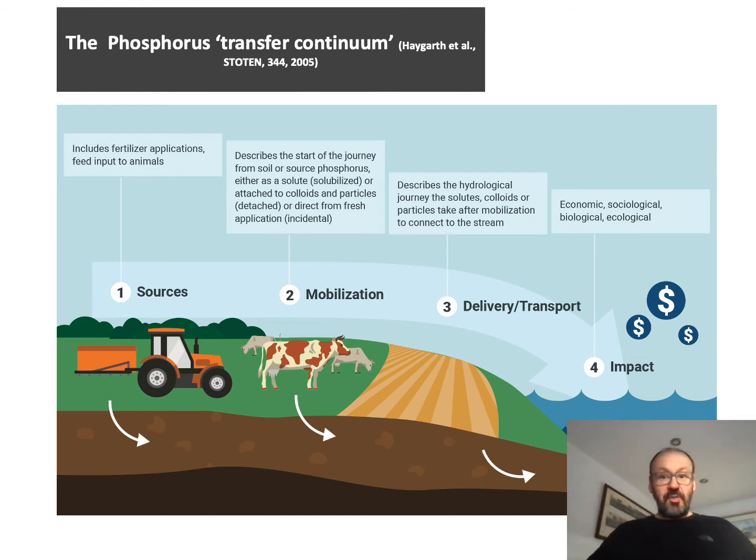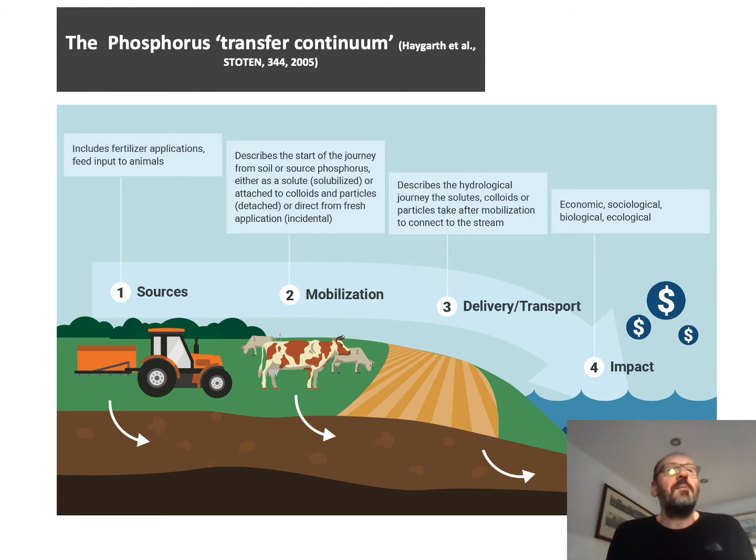It leaves soil by solubilisation or leaching, perhaps you might want to call it. The second one is mobilisation by physical detachment. That means that particles just physically leave the soil because they're washed away, perhaps at the same time as being eroded, soil erosion or colloid movement or something.